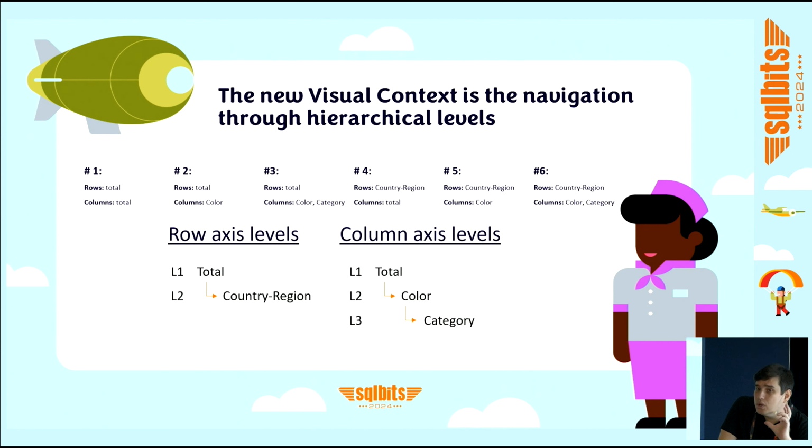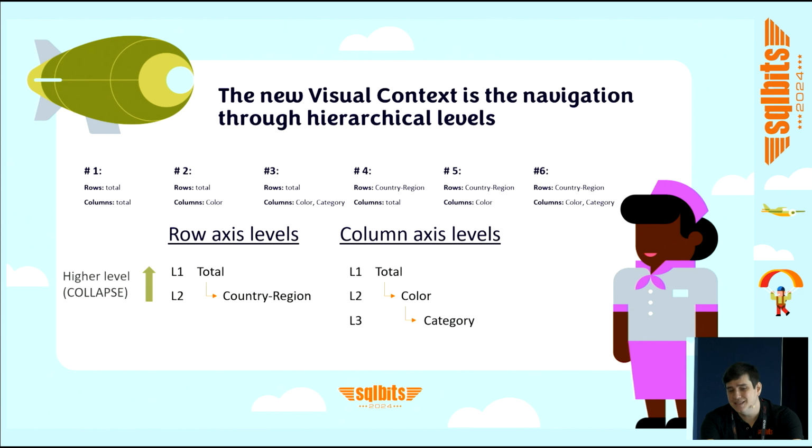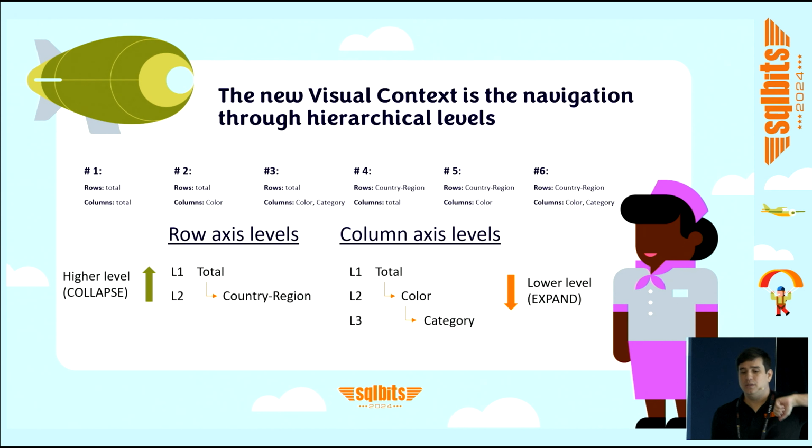And the new concept that was unnamed until a week ago when SQLBI posted their blog post, which is the visual context, is how can I navigate through the hierarchies. I can go up in a higher level, or I can go down in a lower level.